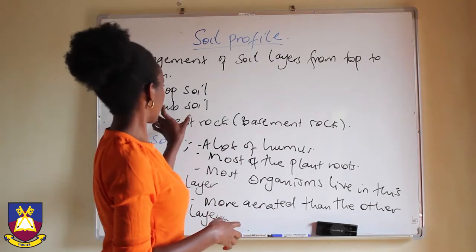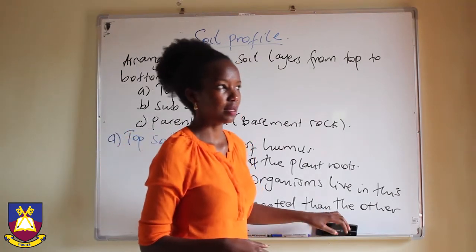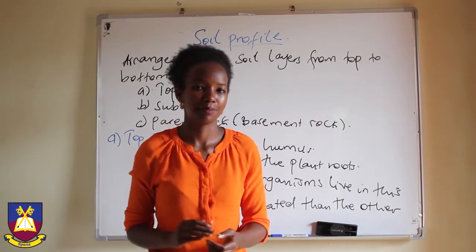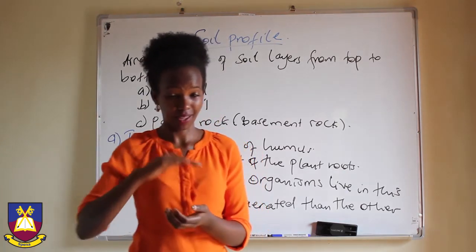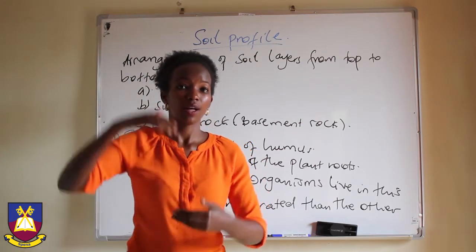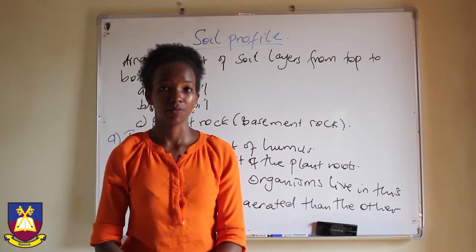So we're now going to talk about subsoil. Sub is more like beneath something else, under something else, and that is the next layer of soil as you go down the soil layers.